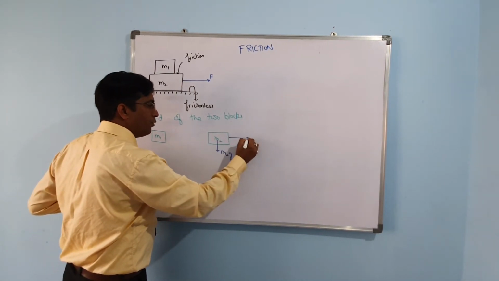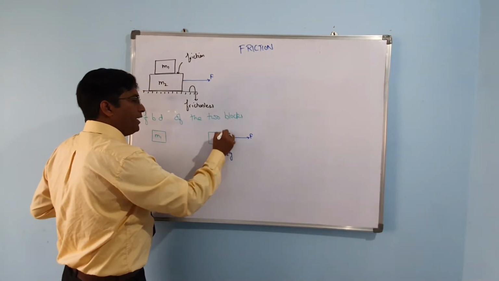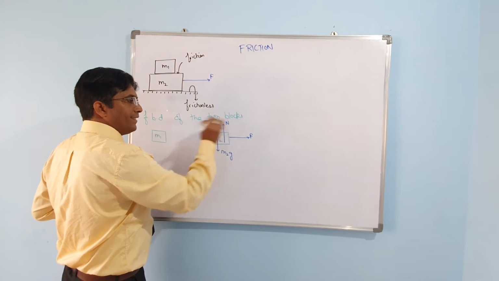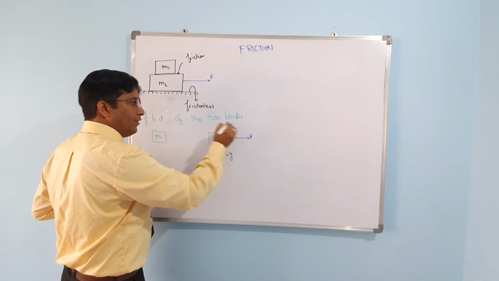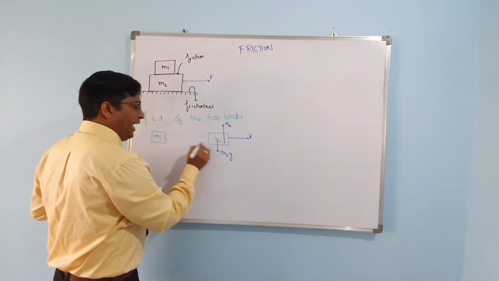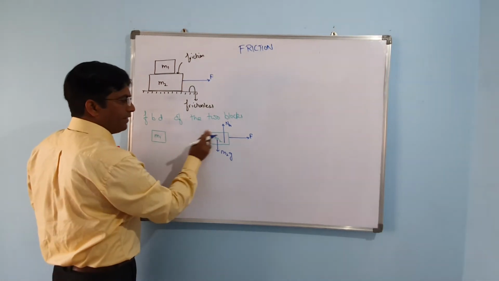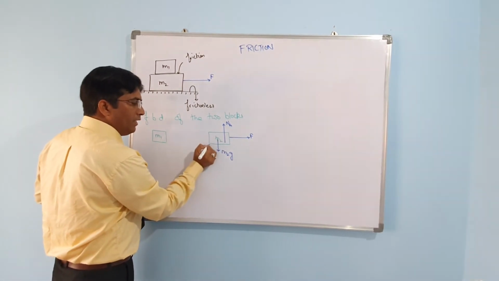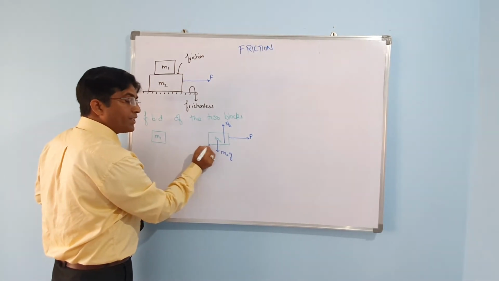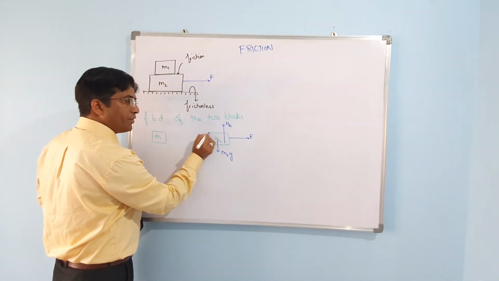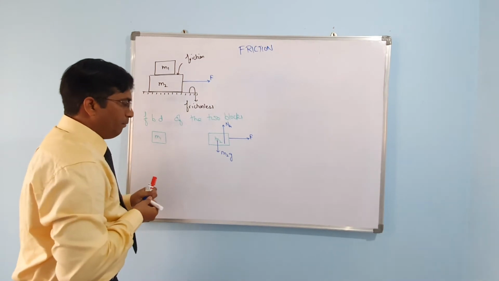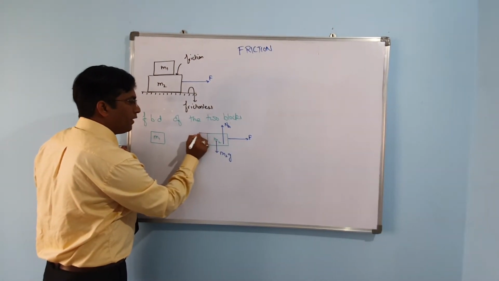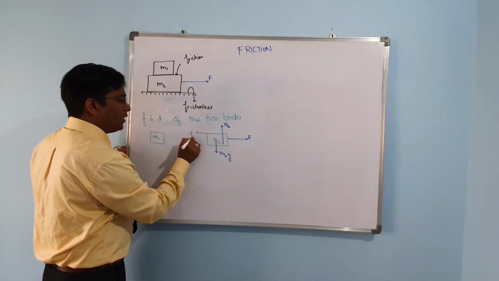There is an applied force. There will be a normal reaction of the ground, I'll call it N. Now see, this block has the tendency to go to the right. There is no friction at the lower surface. There will be friction at the upper surface, and this friction must be acting in the left direction. This is f.